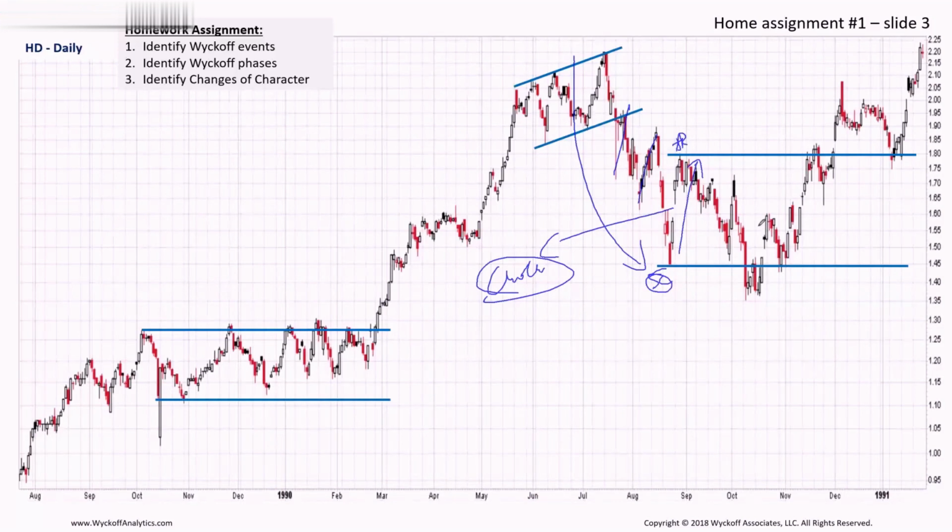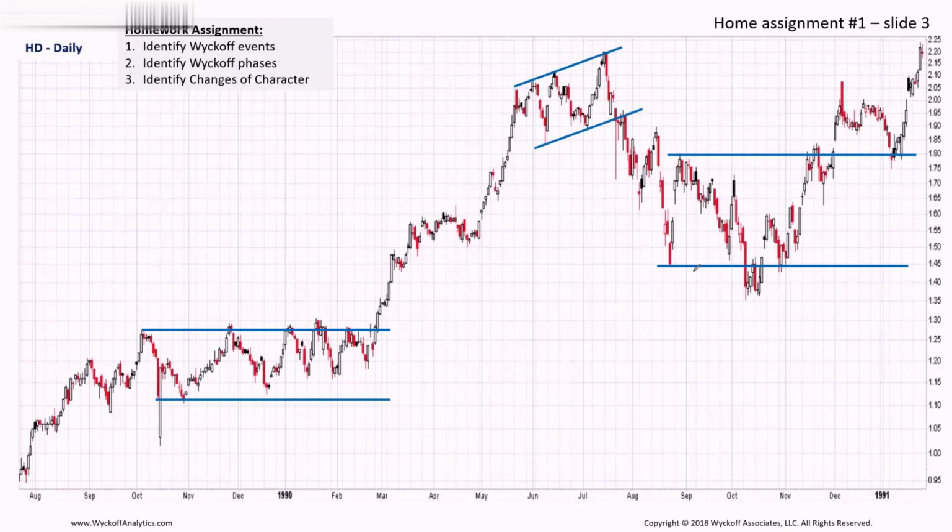So here's our automatic rally. And then we have multiple tests: 1, 2, 3, and then test number 4 on the way down. It seems to me that this rally right here is the largest of them all. And so this looks like one swing.